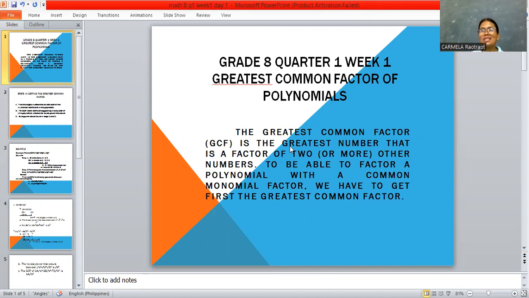A factor is something we divide by. So now, the given is 20 and 40.